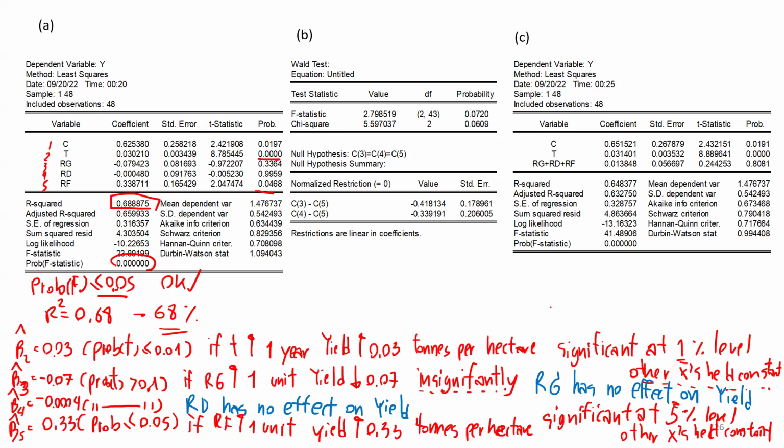The keyword is here, right? Significant at 5% level. Okay, and this one makes sense because if the rain is rising, the level of water is rising, the yield is better. Yes, this one makes sense, but not the first two because they are not significant.